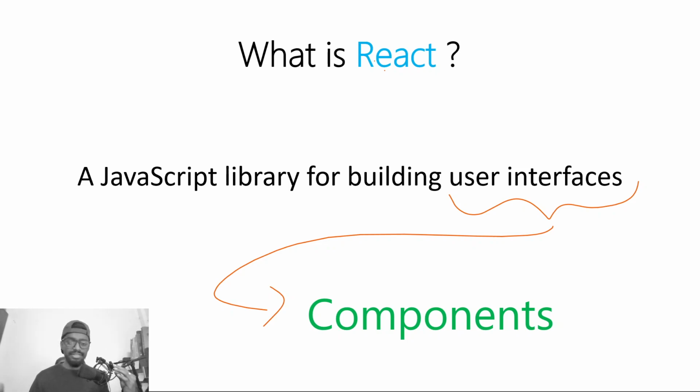React allows you to build user interfaces, and you build them using components. React is totally built with components. Whenever you are building an application with React, you will be building lots of components, and eventually you will be combining these components to build a big application.